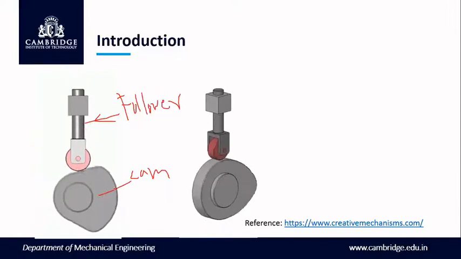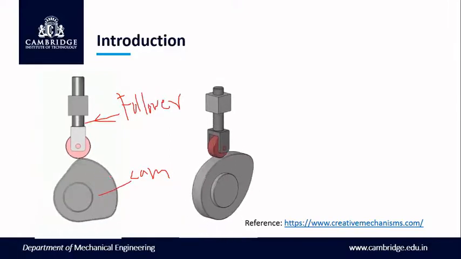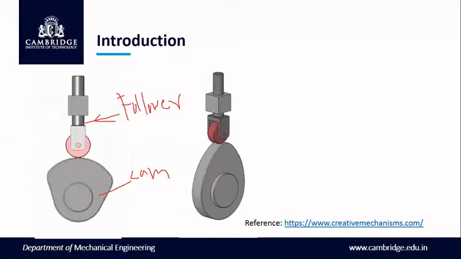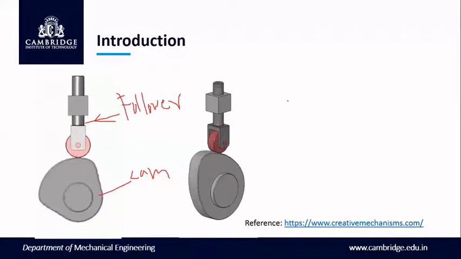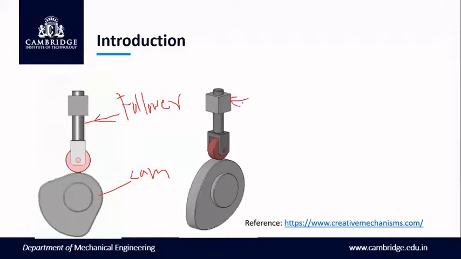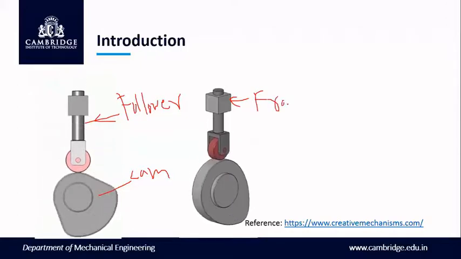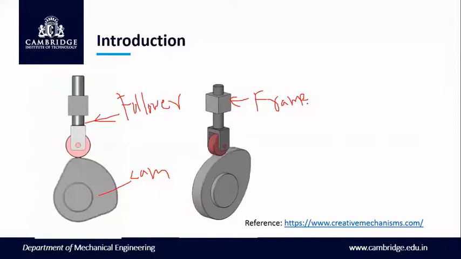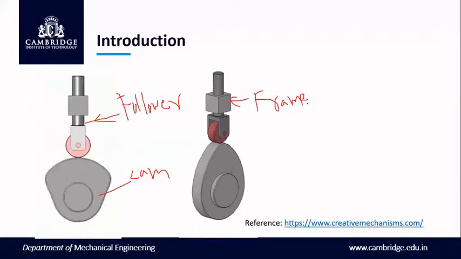Here the cam has rotary motion. The profile of the cam is such that it imparts reciprocating motion to the follower, and the member which supports the follower is called the frame. So it's a supporting member. These are the three basic elements of cam mechanisms.